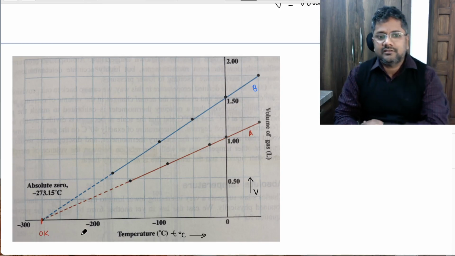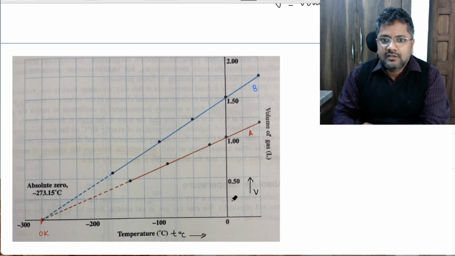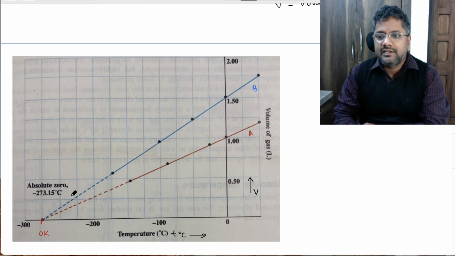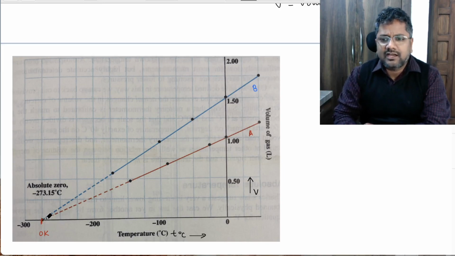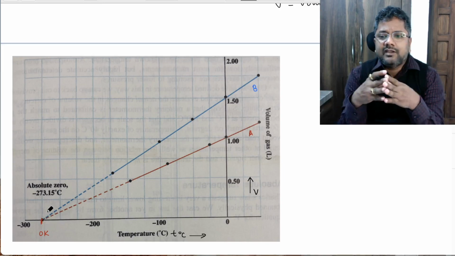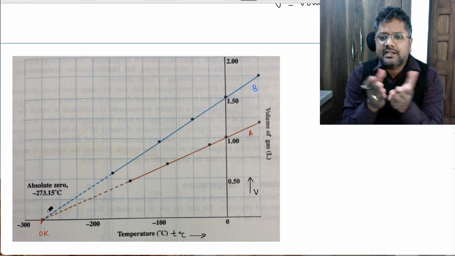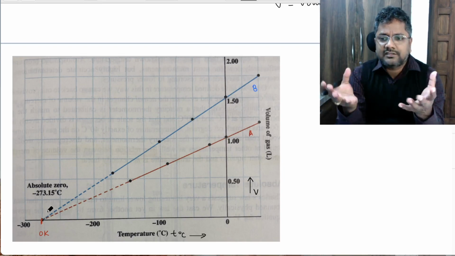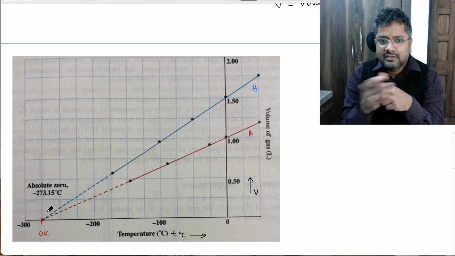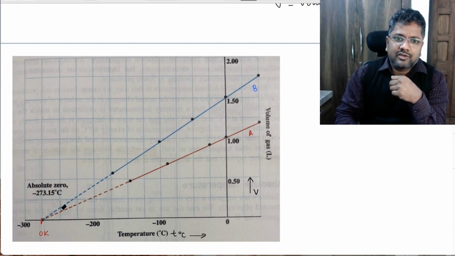So this is 0 degree Celsius, and here this is 0 Kelvin. Minus 273.15 degrees Celsius is equal to 0 Kelvin, and experimentally we cannot achieve this temperature, it is an unachievable temperature. So that's why we are doing this extrapolation here.